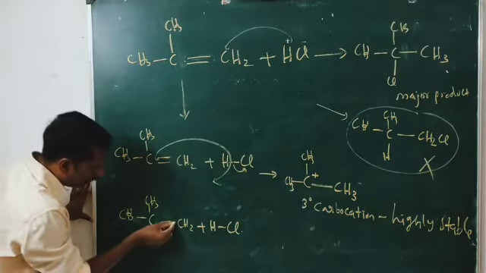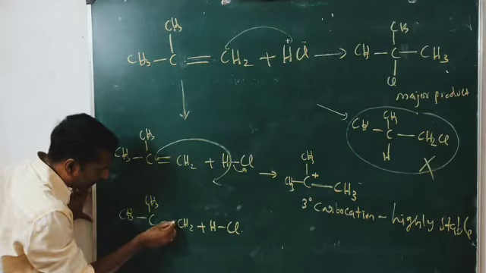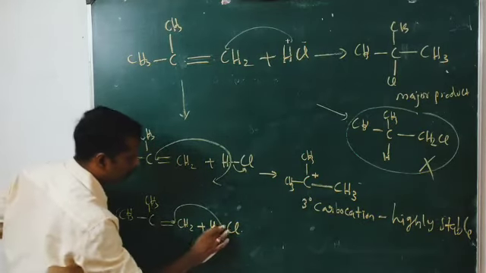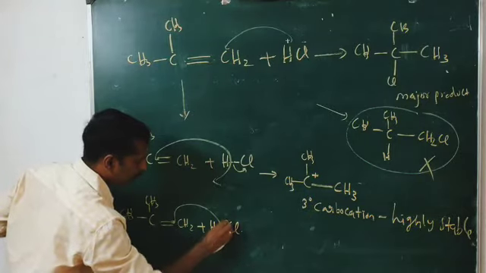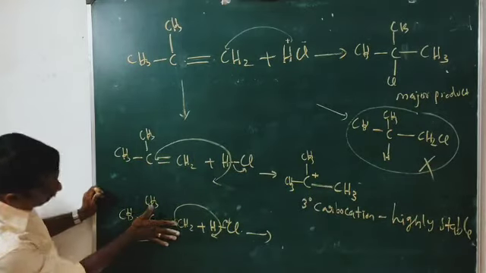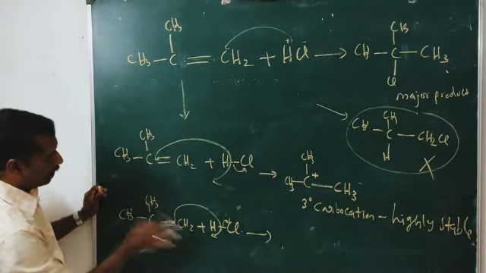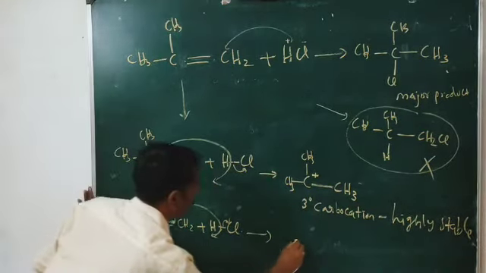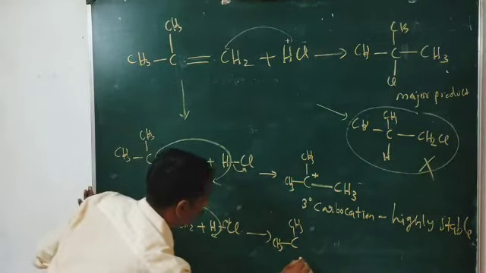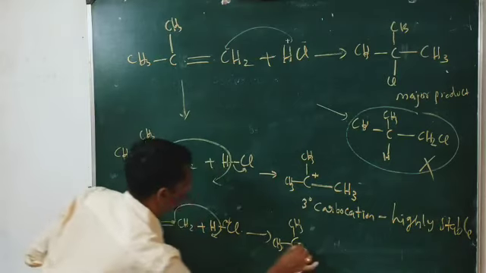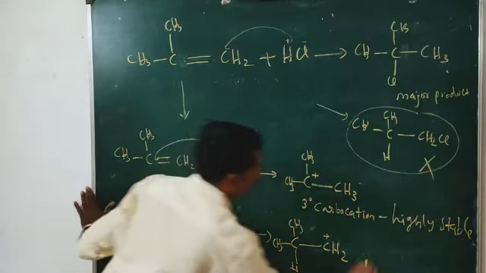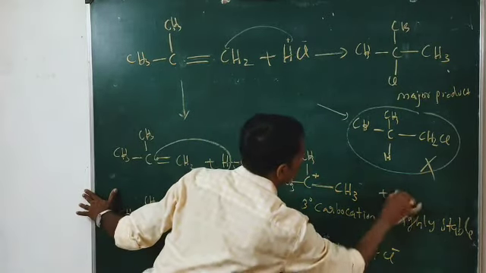Now in the second case the bond breaks from this carbon, so this carbon is getting a positive charge. In that case we get CH3, and here it is H, and CH2 plus, plus Cl minus.